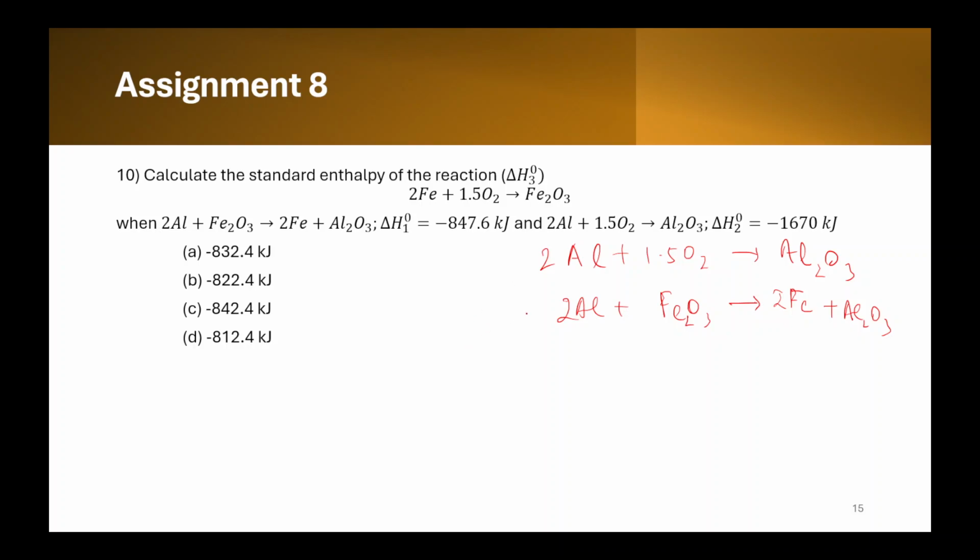So if we subtract these, you need to see what will be the correct algebraic manipulation to get the resultant reaction. So I'm trying this. So 2Al gets cancelled. Fe2O3 is in negative, so Fe2O3 comes here.